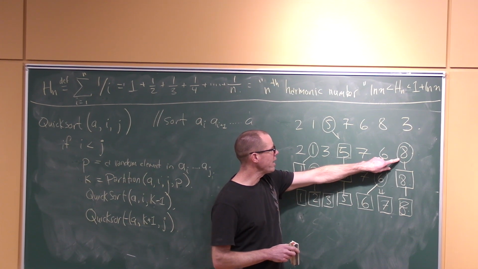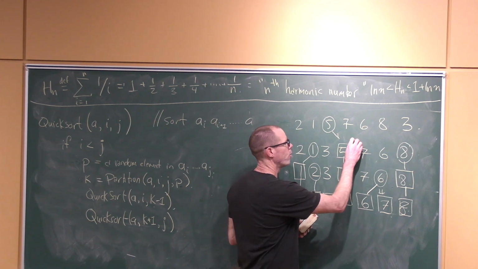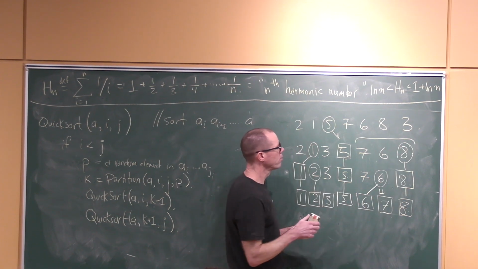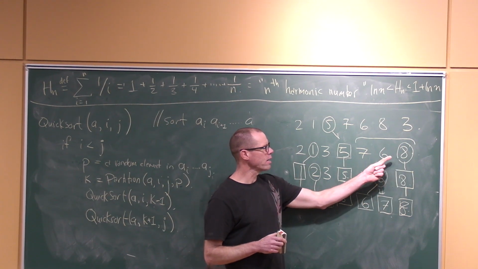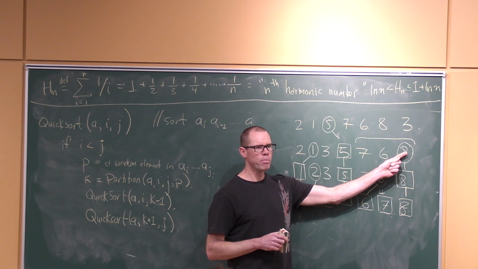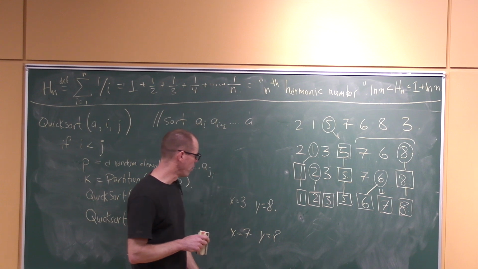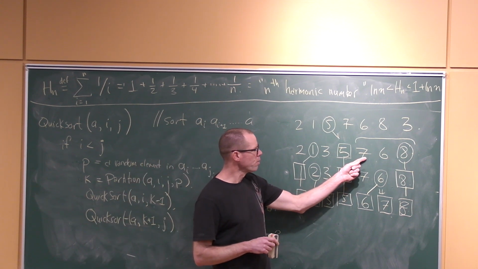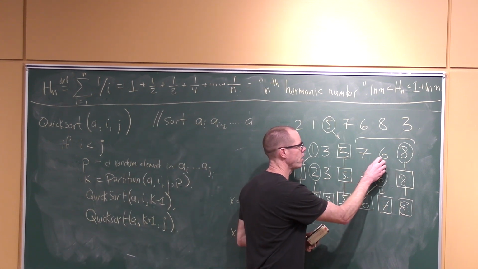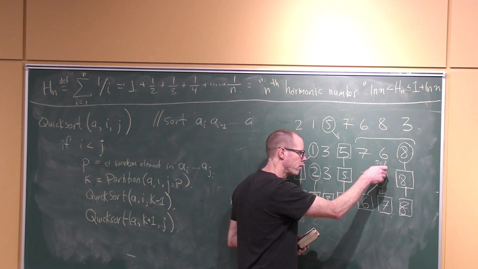Because here we selected 8 as the pivot. We were working on this set that has 7, 6, and 8 in it. And once you pick something as the pivot, everything gets compared to it. So in particular, this is where we did this comparison and determined that 7 is less than 8 in going from here to here.